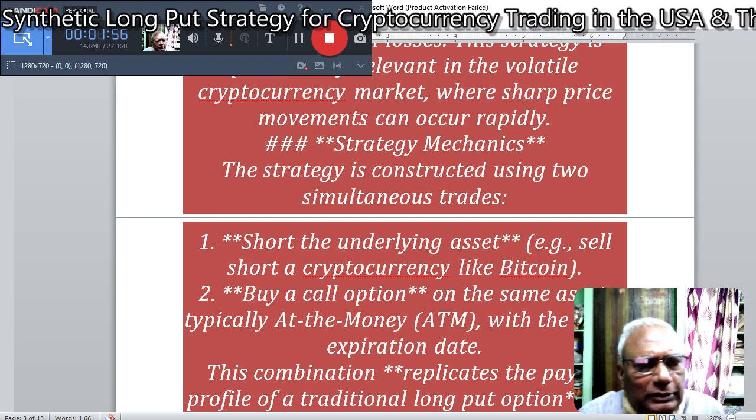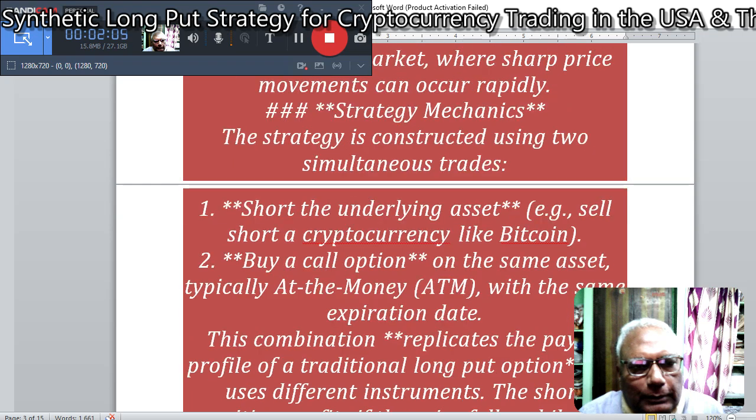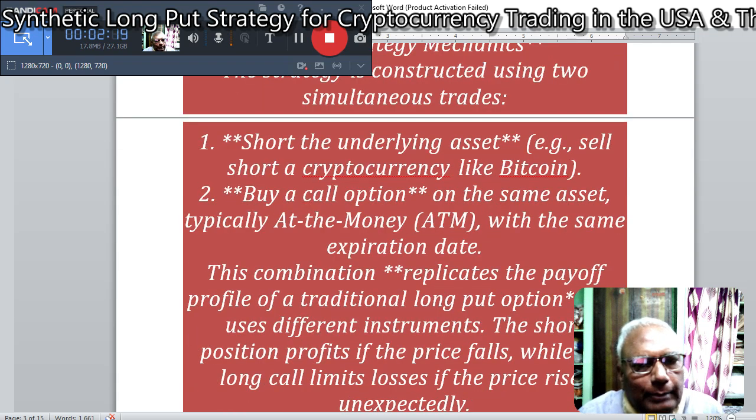Strategy mechanics. The strategy is constructed using two simultaneous trades. One, short the underlying asset, e.g. sell short a cryptocurrency like Bitcoin. Two, buy a call option on the same asset, typically at the money, ATM, with the same expiration date.